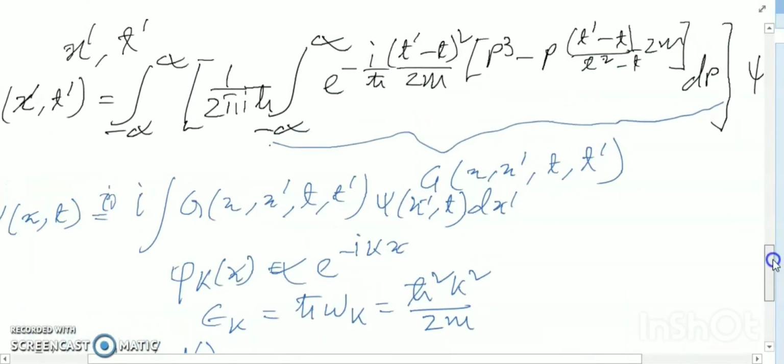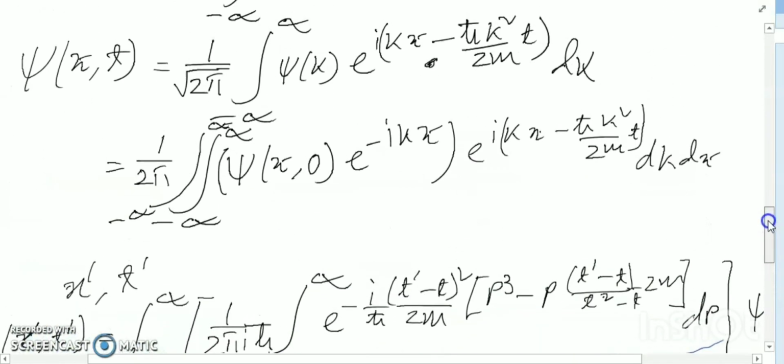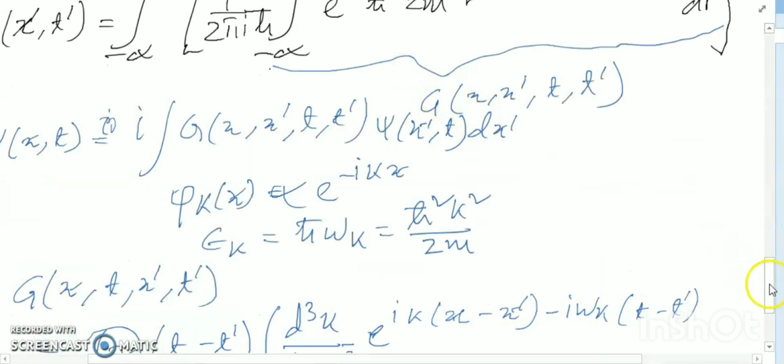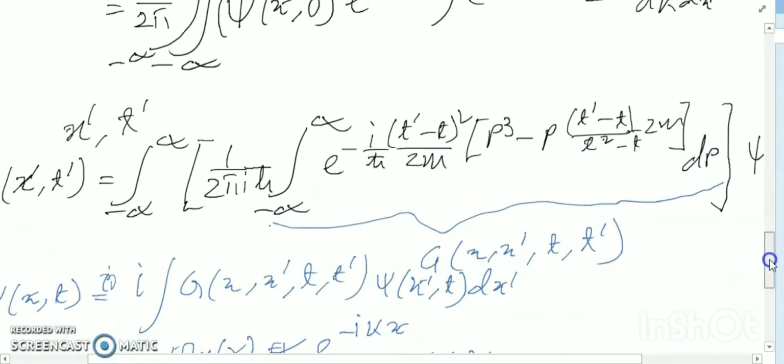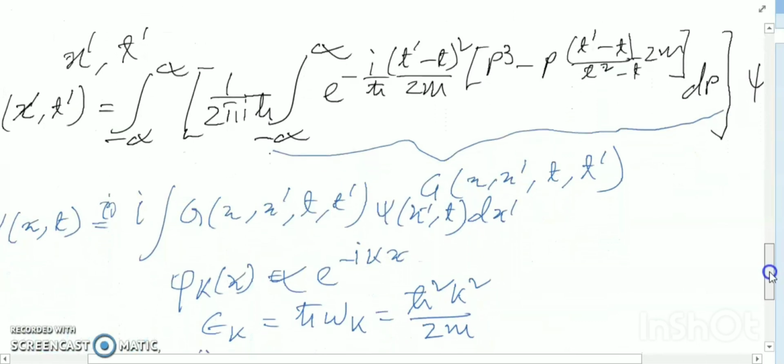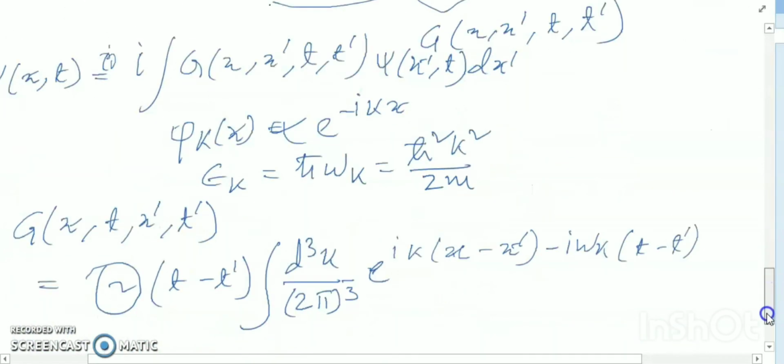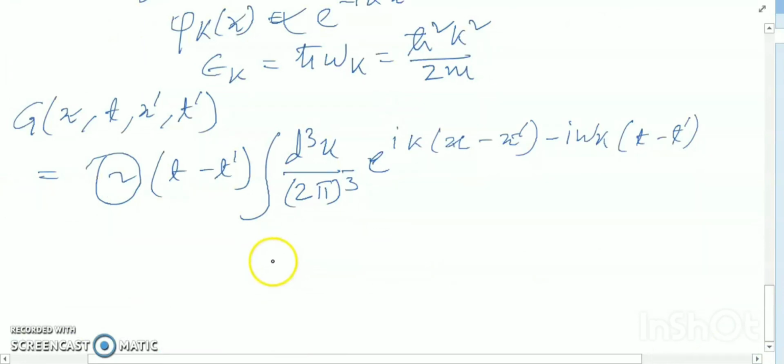Omega k means h square k square by 2m. Okay, here I have written a very small mistake, maybe, no problem.